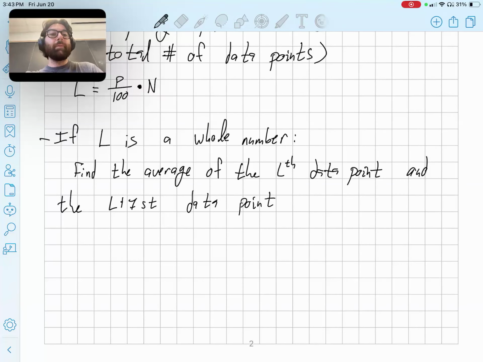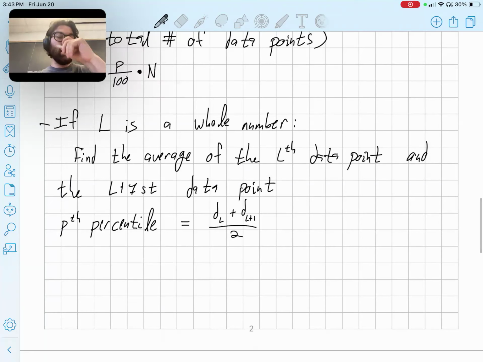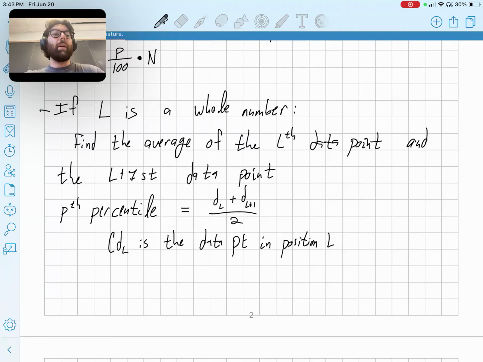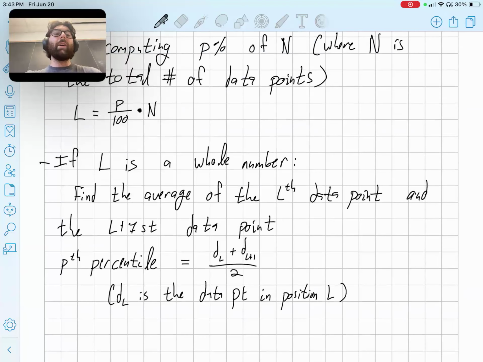Or in symbols, your pth percentile is equal to d sub L plus d sub L plus 1, over 2, where d sub L means the data point in position L. If you count from the first one, second one, third one, you look for the Lth data point. d sub L plus 1 is the data point in position L plus 1, etc. So that's if this locator L is a whole number.